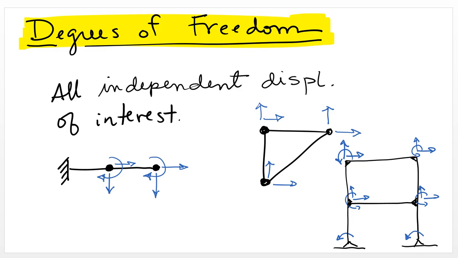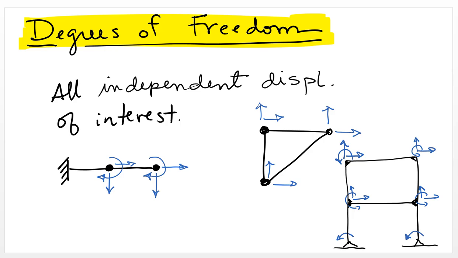All the independent displacements associated with those points are indeed your degrees of freedom. So if you think about a simple cantilever beam here with two nodes of interest, you have 6 degrees of freedom. One horizontal displacement, one vertical displacement, and one rotation for every node.